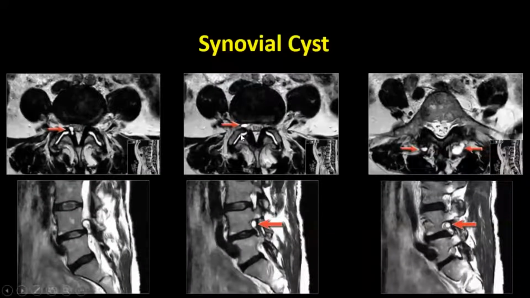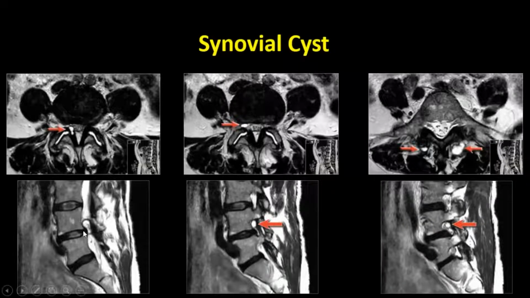These facet joint hypertrophy or arthrosis can be accompanied by synovial cyst. The cyst might be directed posteriorly, where you do not have nerve compression effects, but these can extend around the epidural region. So here along the lateral recess, it can cause compression of the exiting nerve roots.